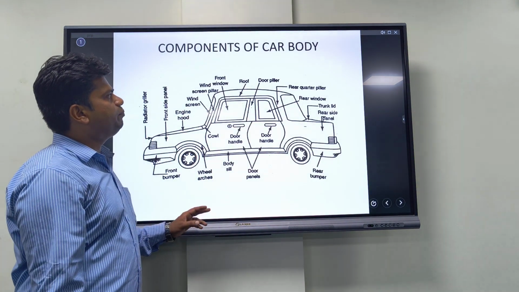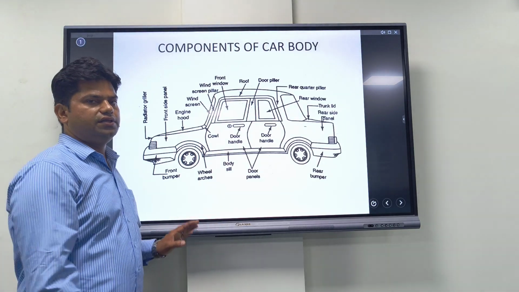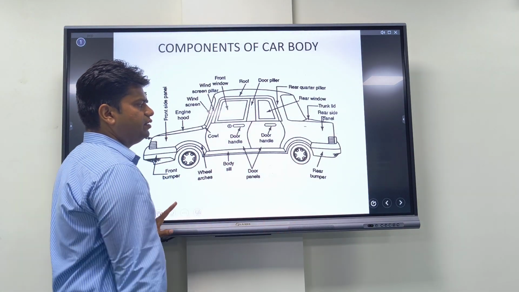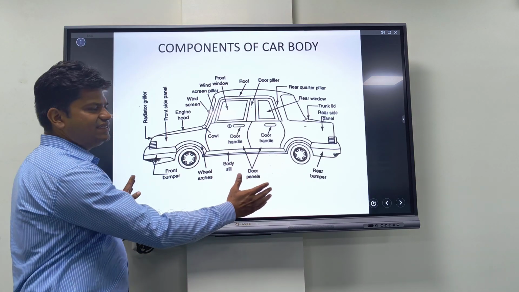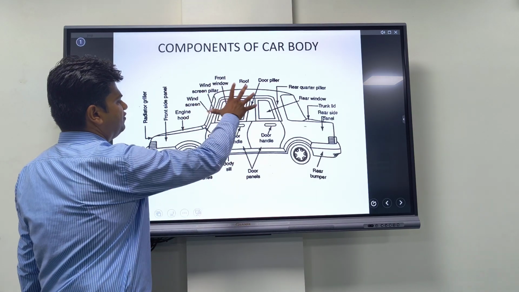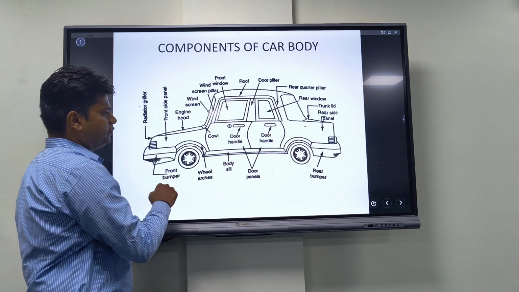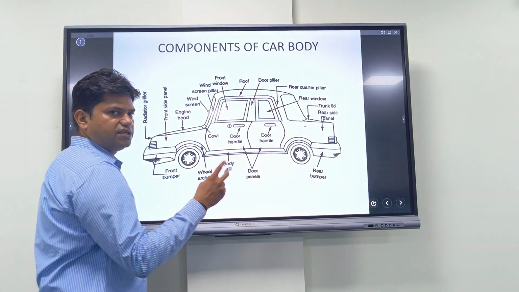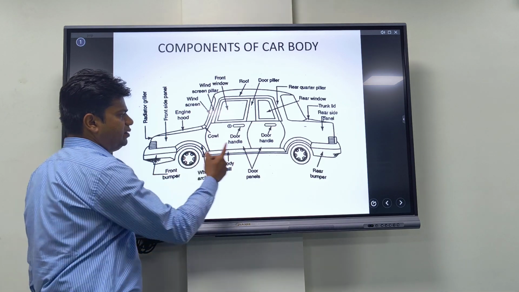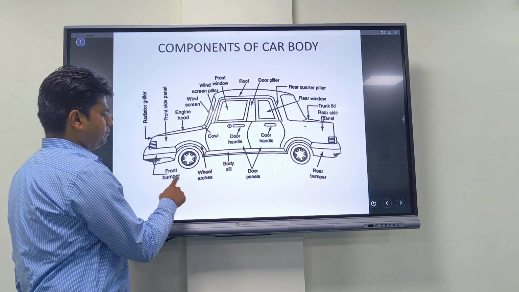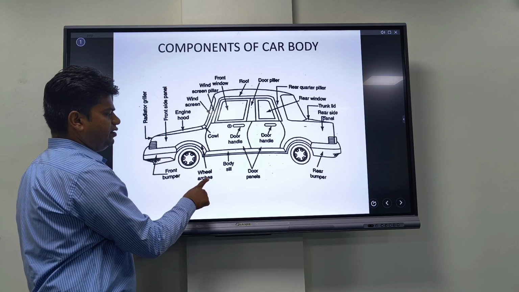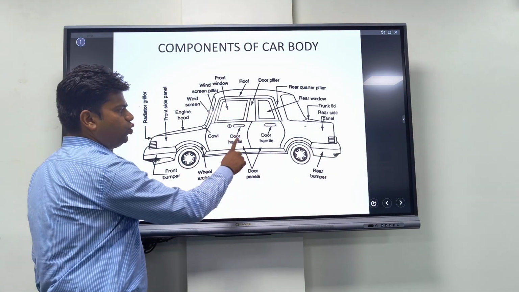The different components of car body. This is the basic car body. Here we can easily see the different parts of a car body. Front bumper, rear bumper. There are 2 bumpers, in front of the car and back of the car. Wheel, body, door.